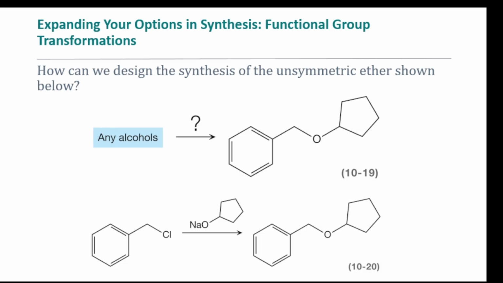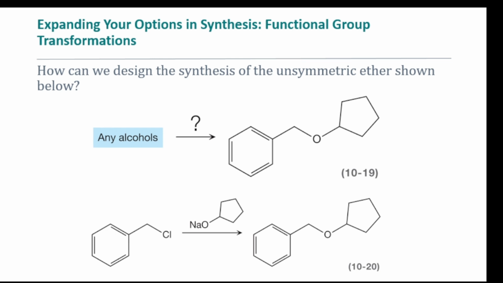Okay. So how can we design the synthesis of the unsymmetric ethers shown below? What would be a way to design this? So we need to join these ethers together, right? And if we want to use the Williamson synthesis, how do we do it?